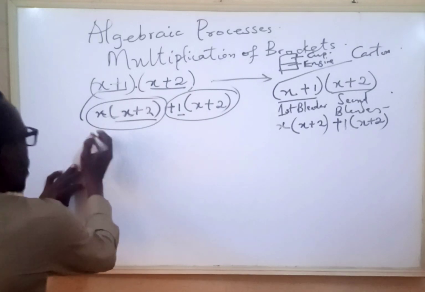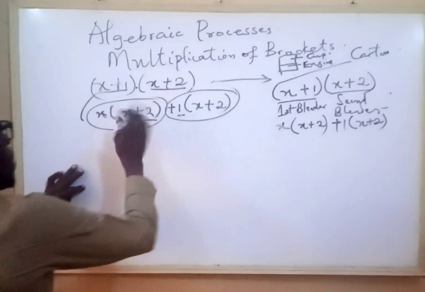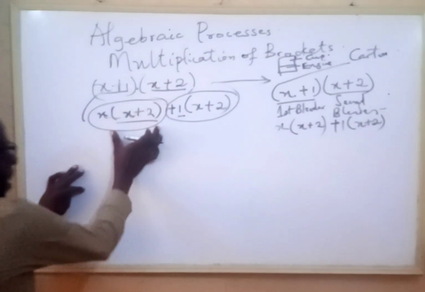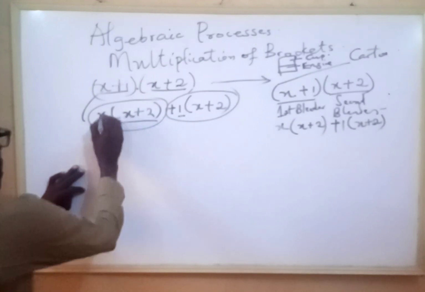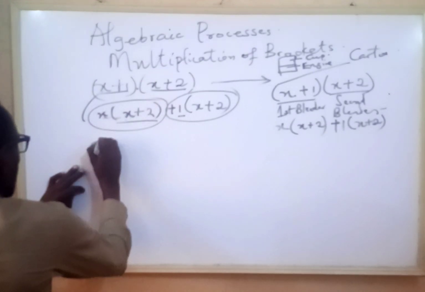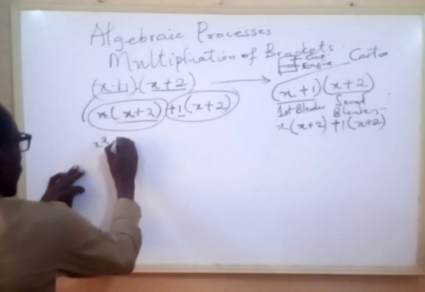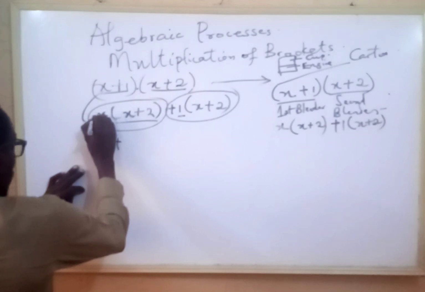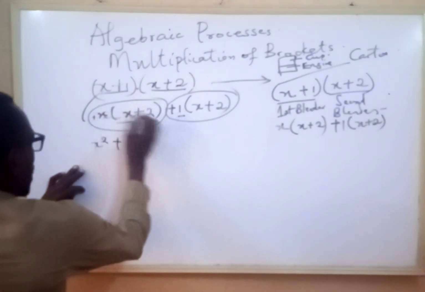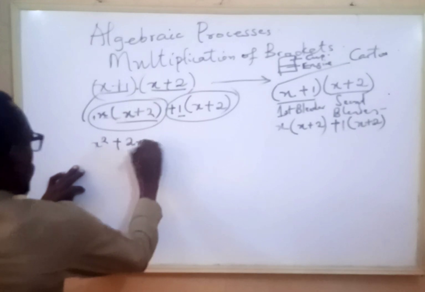The removal of bracket means we are removing the bracket from the expression. So this is s times s, s squared, plus. This is an imaginary plus; we have done that in past videos. Plus times plus is plus, s times 2 is plus 2s.